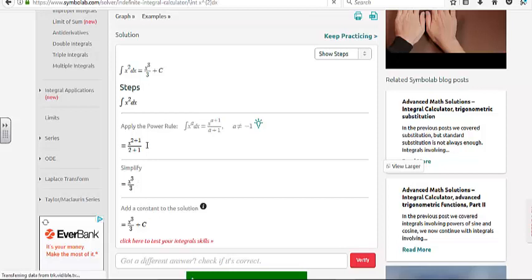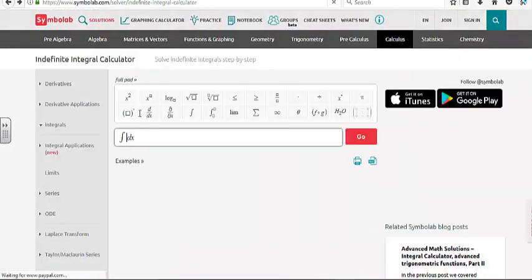Actually, I would have added it here, but that's what an indefinite integral calculator does for you.